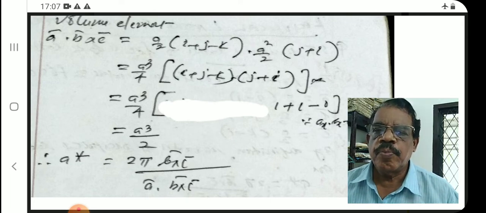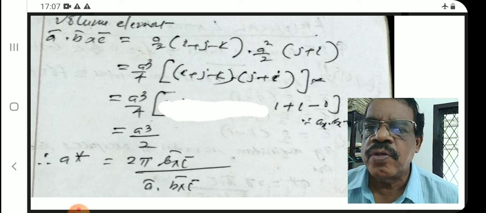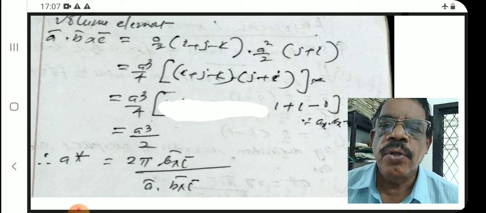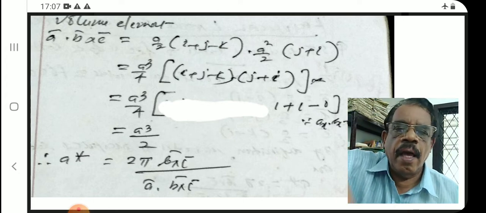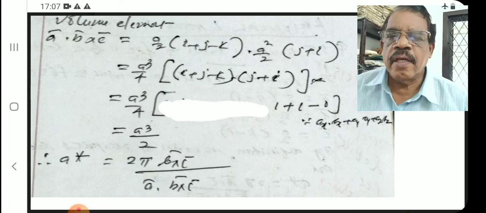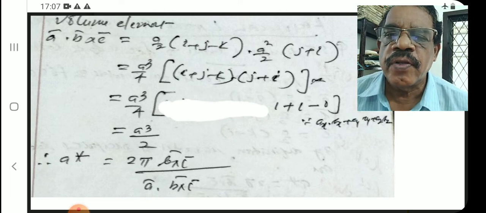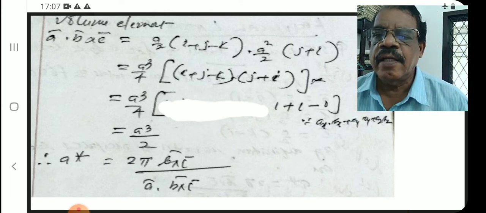We apply the dot product and multiply: a cubed by 4 into i plus j minus k dot j plus i. I dot i is equal to 1, i dot j is equal to 0, in that manner.